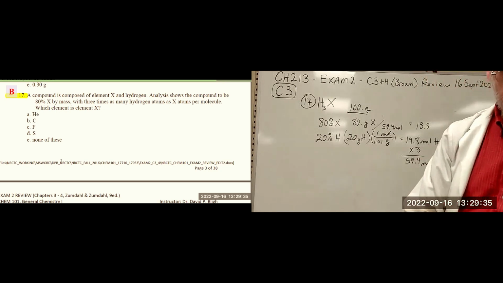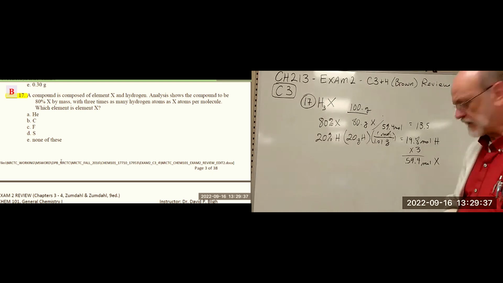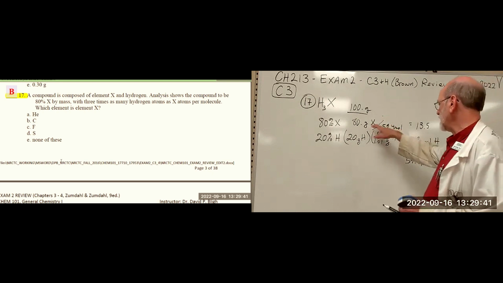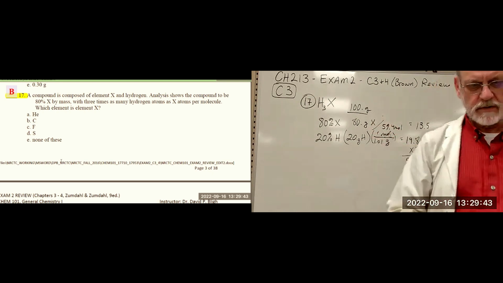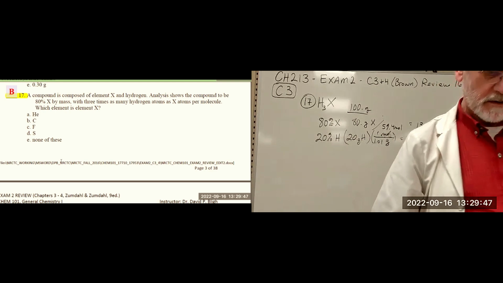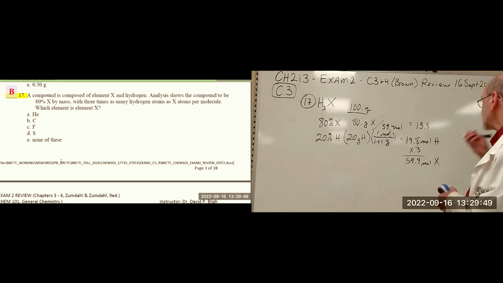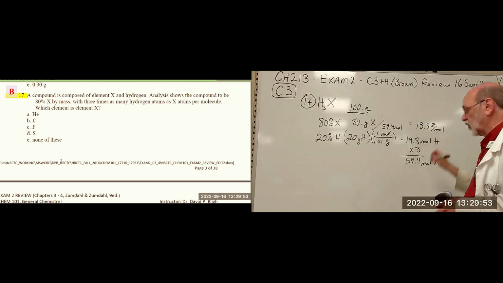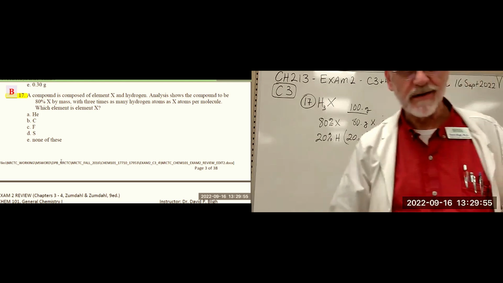And 3 times that, 59.4. Okay, that's right. 80 divided by 59.4. Oh, 13.5. Okay, so that's grams per mole. Is there anyone that comes close to that?